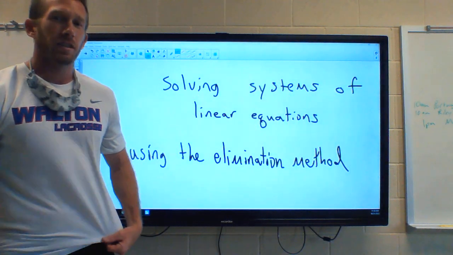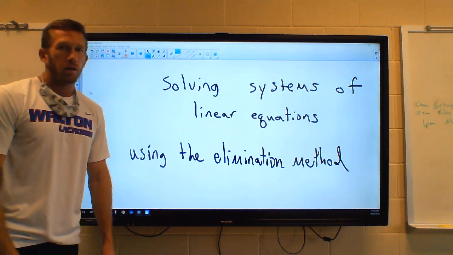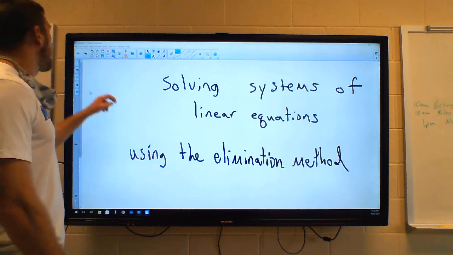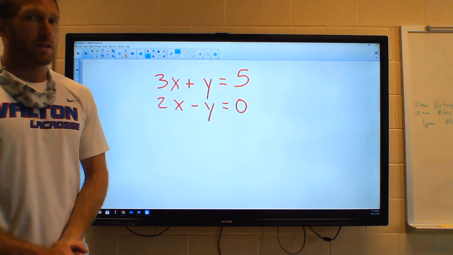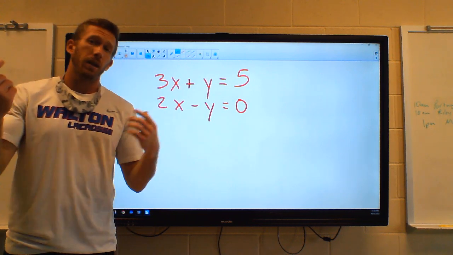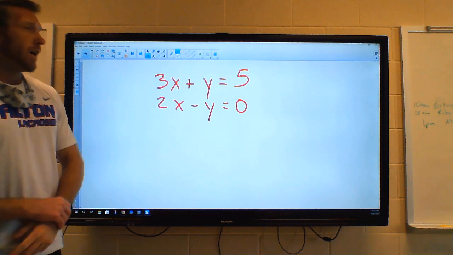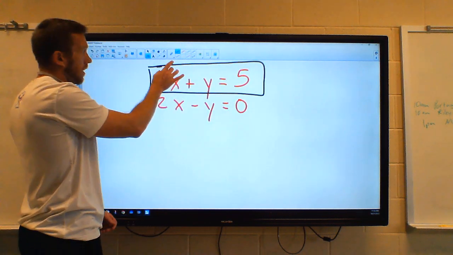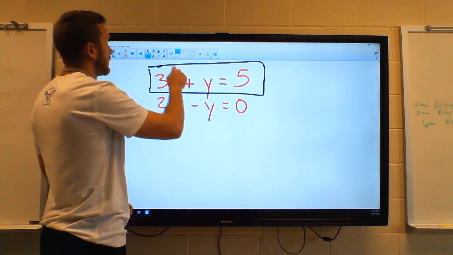This is Thursday's lesson this week, dealing with solving systems of linear equations. Specifically, we're going to use the elimination method. All right. So if you notice the difference in today's setup versus what we did on Tuesday, is that now our linear equations are in standard form. Notice it's a column of x and a column of y equals our constant.